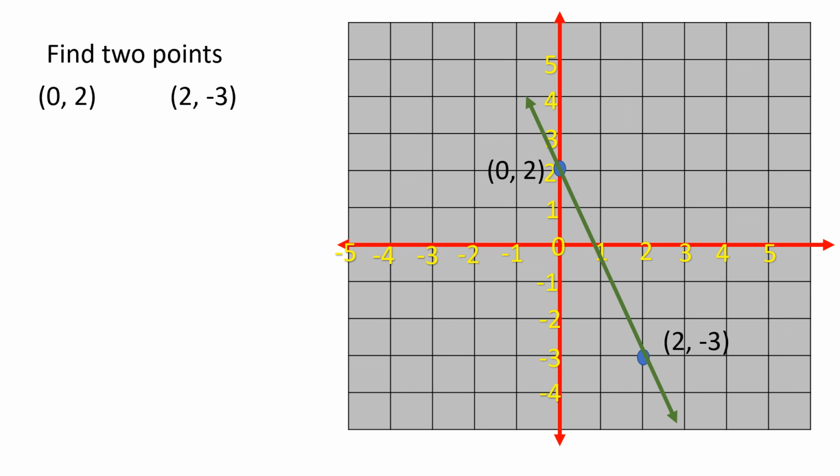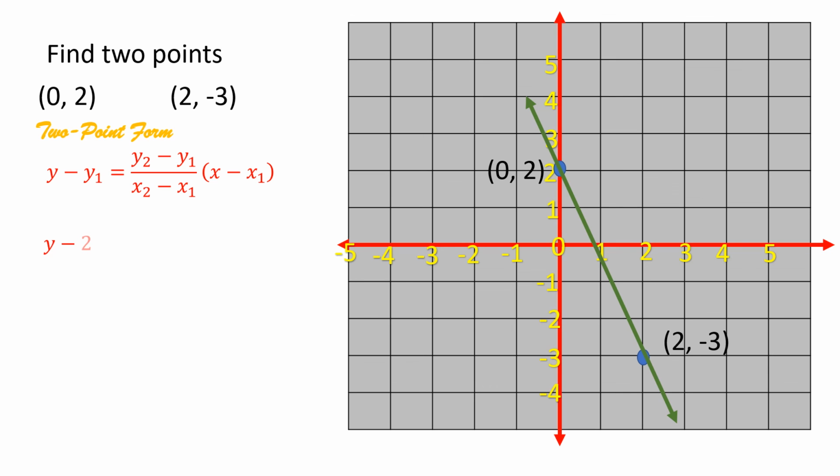Since the given are 2 points, we will be using the 2-point form. So let us have the values of x sub 1, y sub 1, x sub 2, and y sub 2. Since our first point is 0, 2, our x sub 1 is 0 and y sub 1 is 2. And our second point is 2, -3. Our x sub 2 is 2 and our y sub 2 is -3.